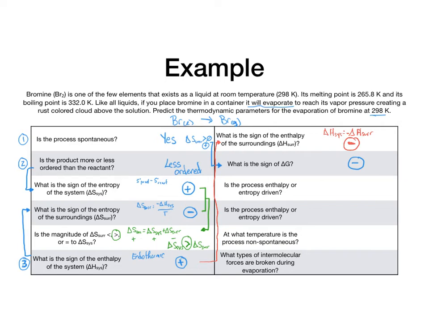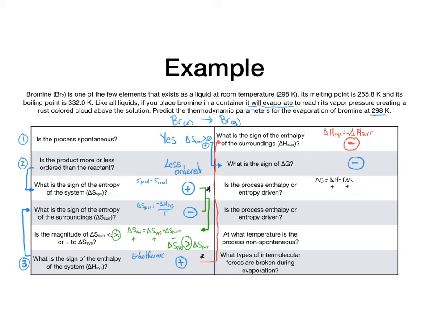So now that we know about delta S of the system and delta H of the system, we can think about this process being entropy or enthalpy driven. We have delta G equals delta H minus T delta S. Delta H is positive. Delta S is positive.